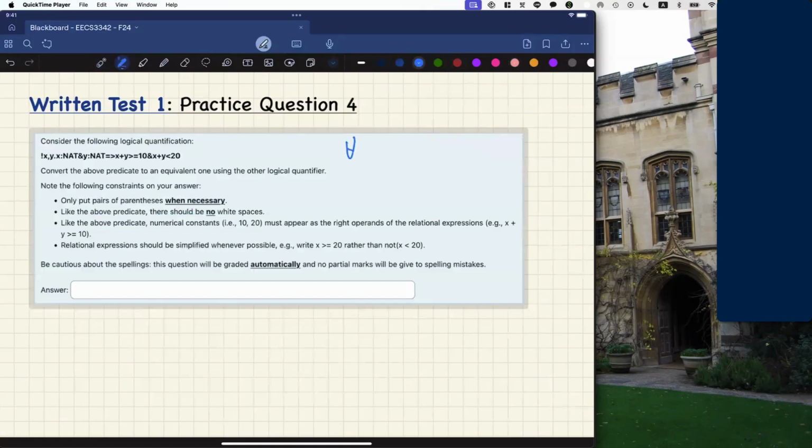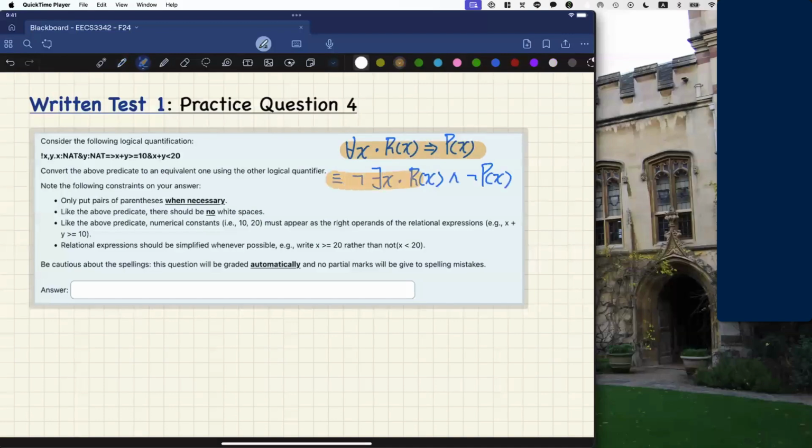If you say for every variable list, some range implies some property, that will be equivalent to, I think we even did a little proof in the class, not the case, there exists, the range remains the same, and not P of x. That's also something that can be found on your slides. So we're going to just do that. Let me just copy this quickly.